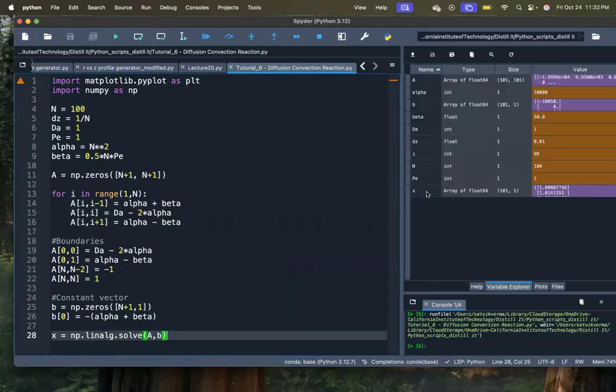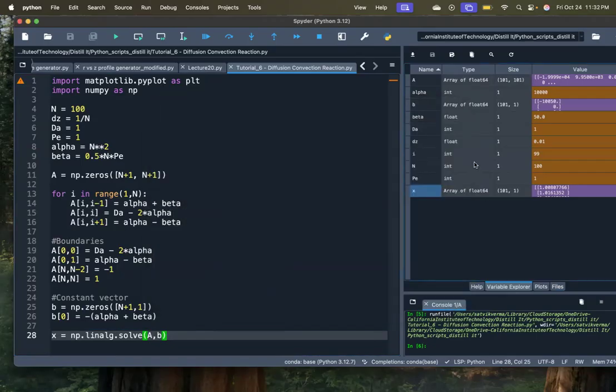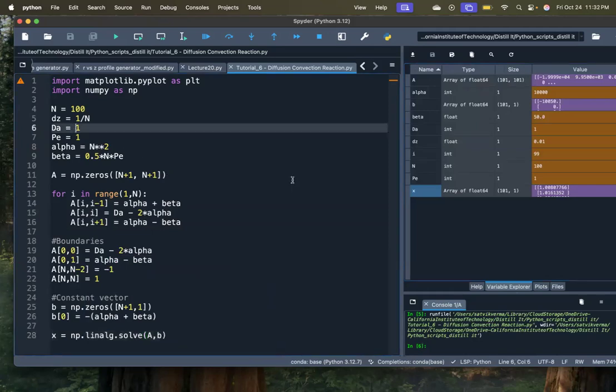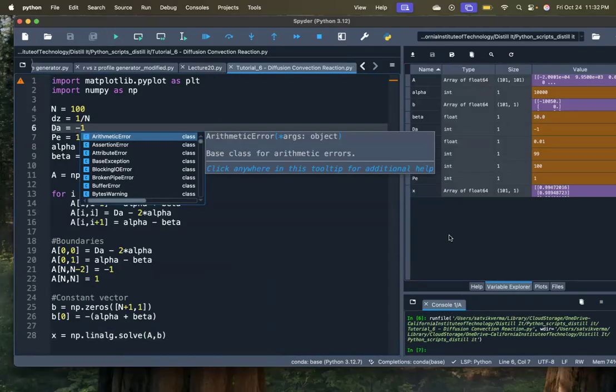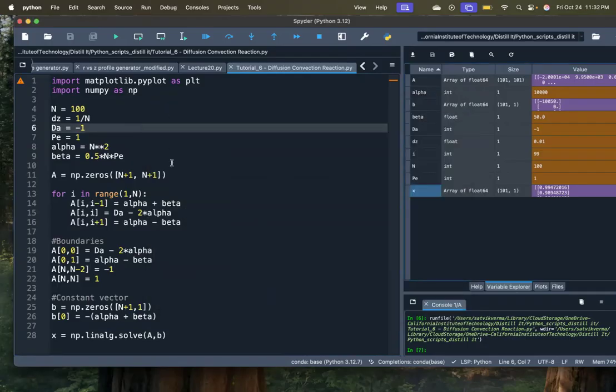So you see, this is the concentration array that we've got. I think I have to change the sign of the Damkohler number for this to decrease, since this is actually reacting. I'll just show this to you.